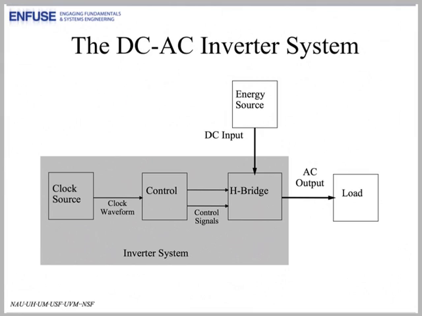And if you remember, I referred earlier to bridge circuits. So the H-bridge is a particular type of bridge circuit, and it needs control signals to operate correctly. And we'll spend a lot of time talking about designing bridge circuits, and in particular H-bridge circuits, and a little bit of time also talking about how to control these circuits.